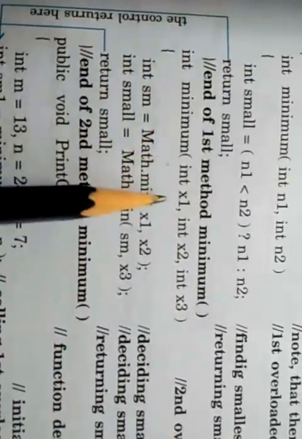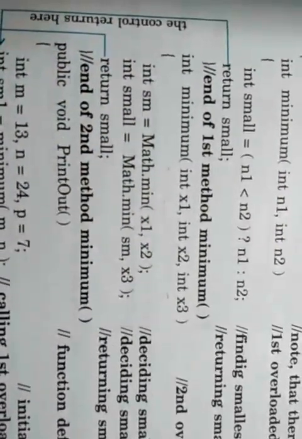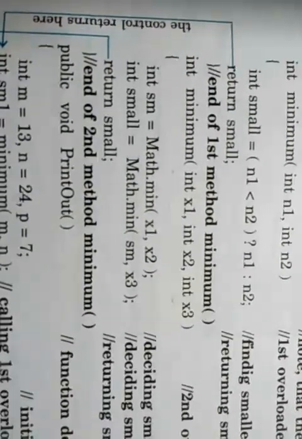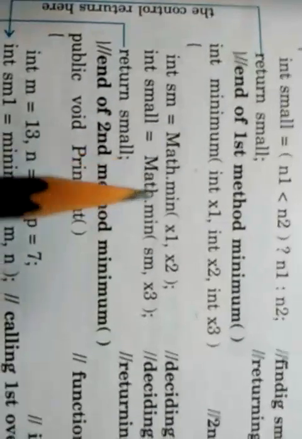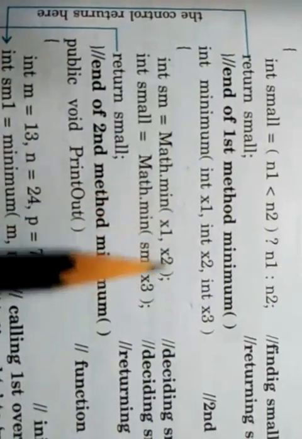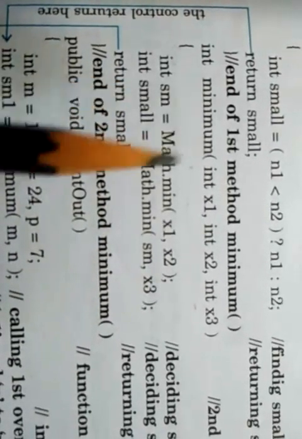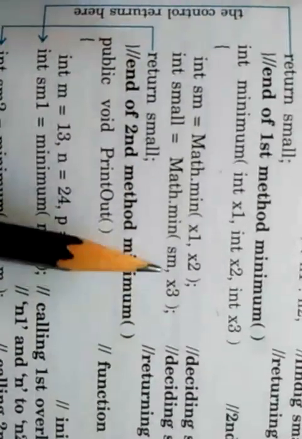Second function, int minimum. There are three parameters of integer type x1, x2 and x3. Here we are finding the minimum value between three numbers. So here we are using our minimum function. Math.minimum will find the minimum value between x1 and x2 and store it in sm, and finally we are finding the minimum value between sm and x3.